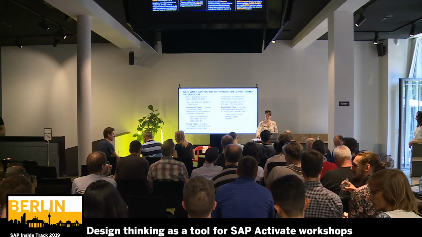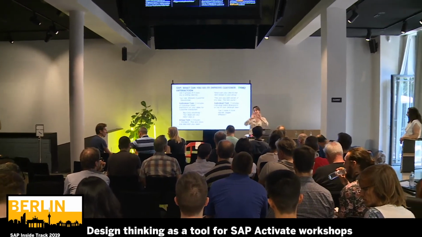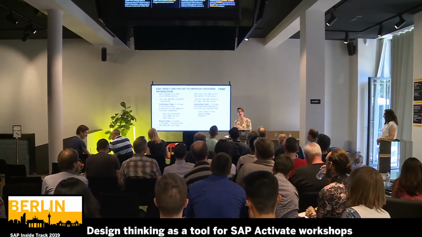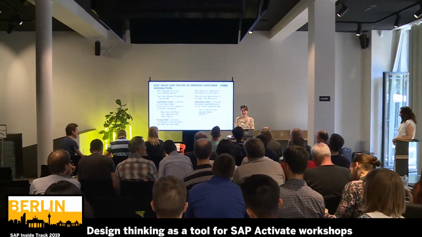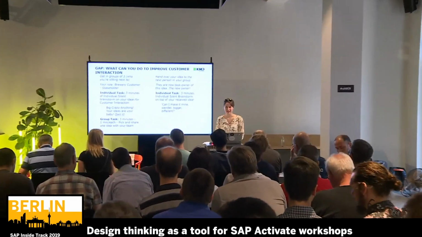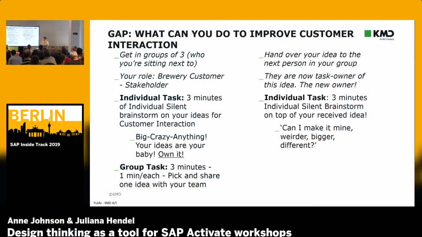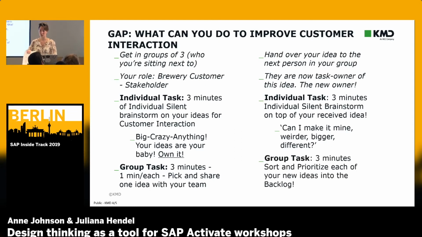And great. So now it's time for the very last element of this mini fast workshop. So what has happened now is that individually you have brainstormed new ideas on top of this one that wasn't yours from the beginning, but now it is yours, right? So the last thing you're going to do in a group is to take 3 and prioritize them into your backlog.